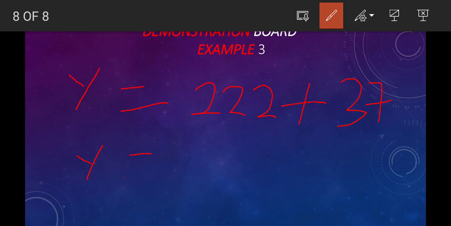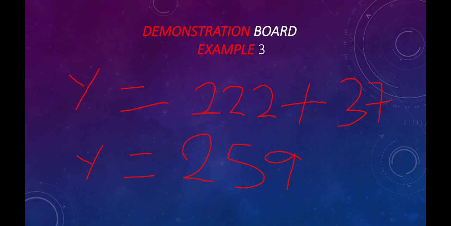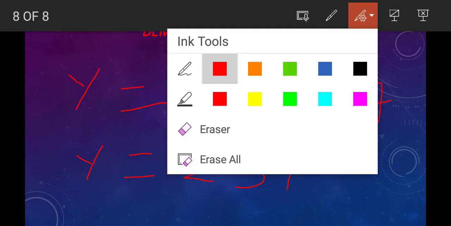Y is equal to 259. So Y is equal to 259.